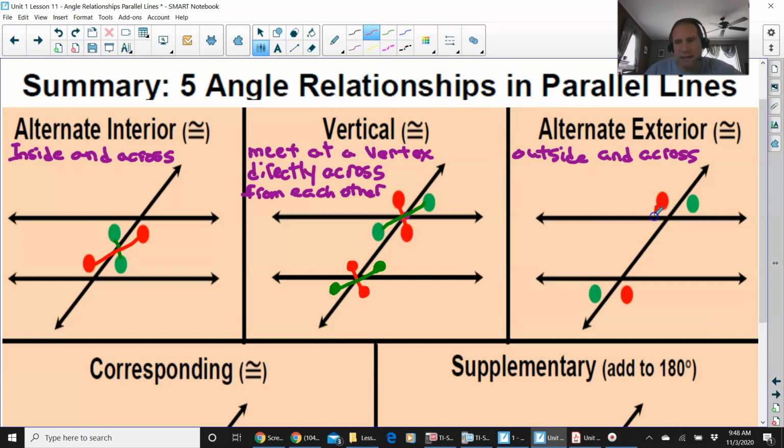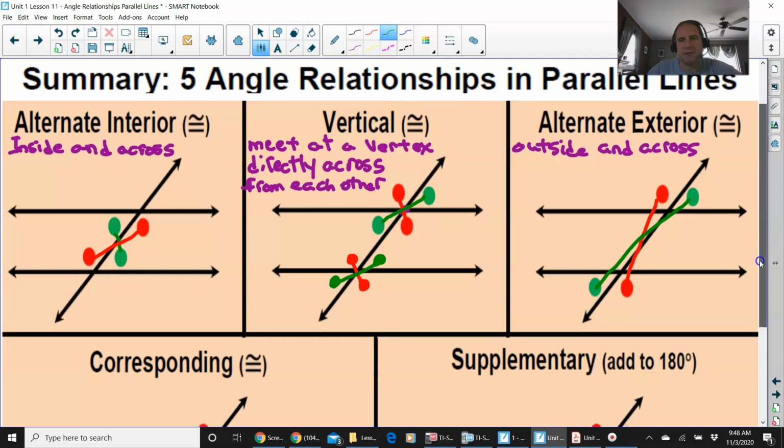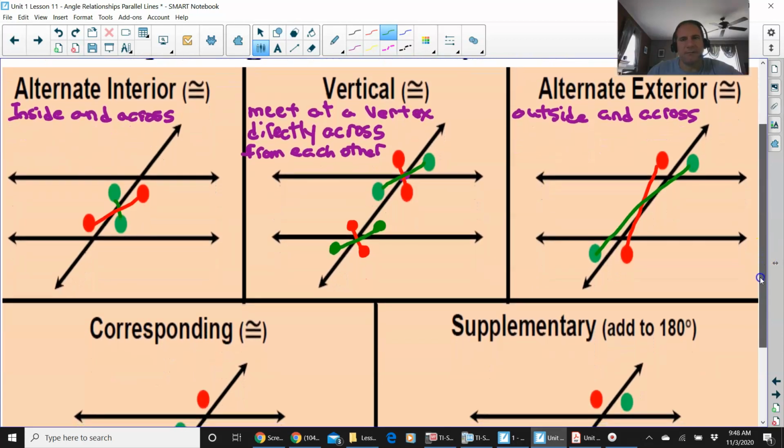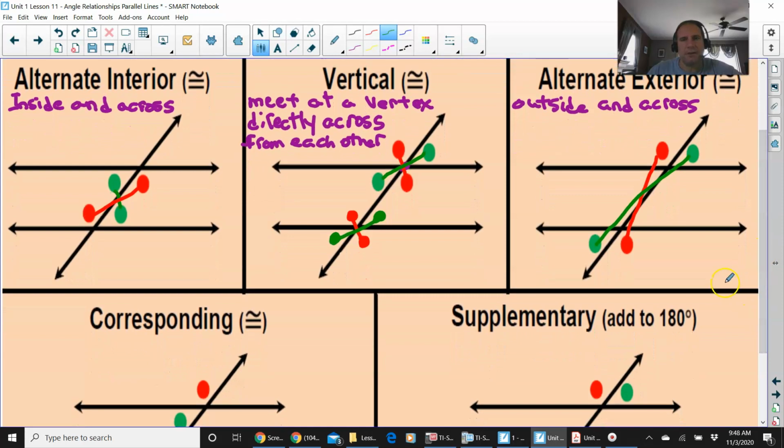Let's connect those outside and across angles. The green to the green, acute to the acute, outside and across from each other, just like that. So, corresponding angles. Please put same location.